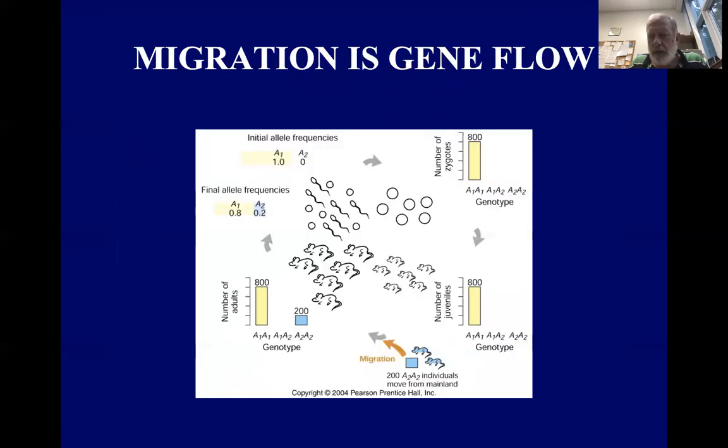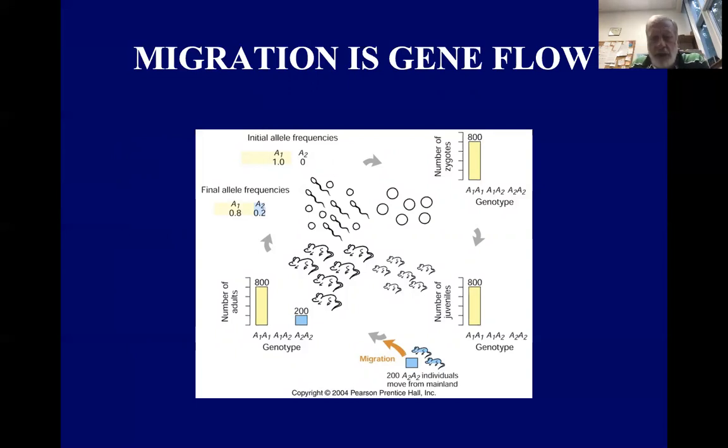And so this shows you how migration or gene flow can work on our little imaginary mouse populations. Our initial allele frequencies, everybody's A1, no A2. Then there's our gene pool, and then the little round circles are our zygotes, and then our baby mice. And we have 200 A2 individuals, so blue mice coming into the population.